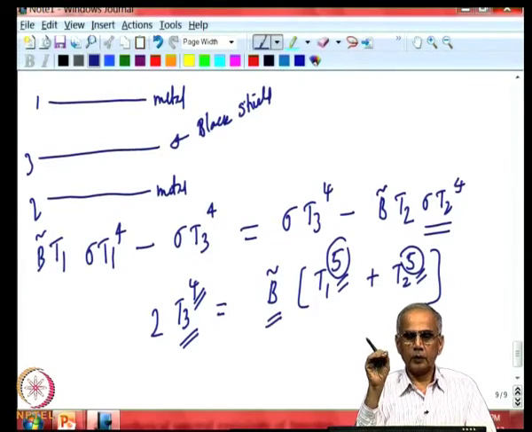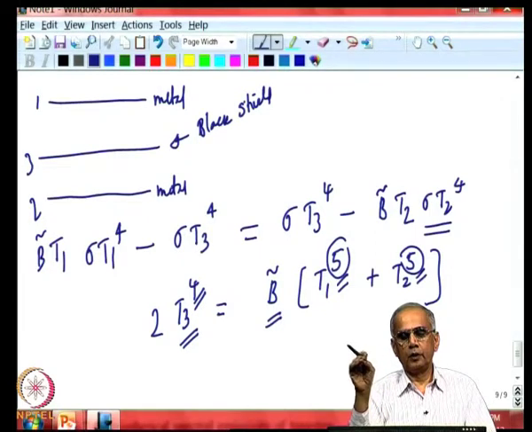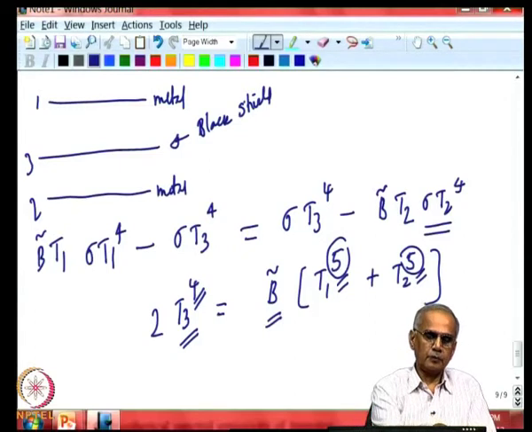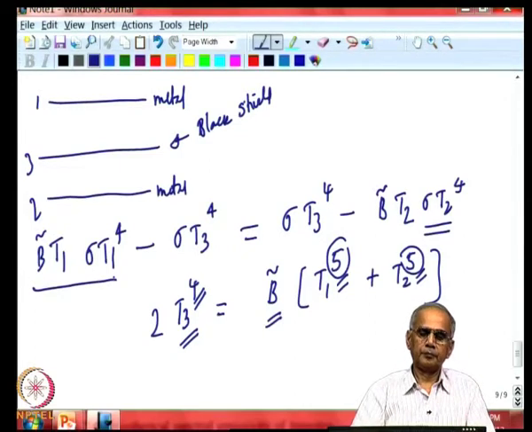Now, it is worth looking here and understanding the fact that in this derivation the absorptivity of the metal played no role, because we were doing heat balance on the black shield. The black shield absorbs all the emission from the metal and it emits like a black body.